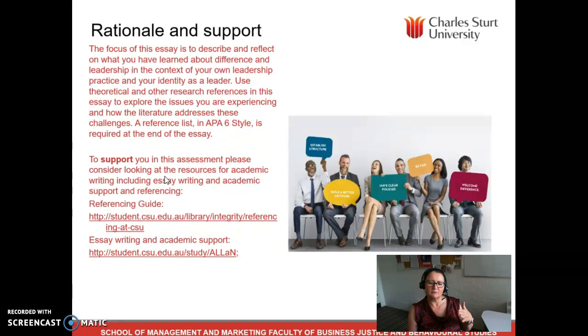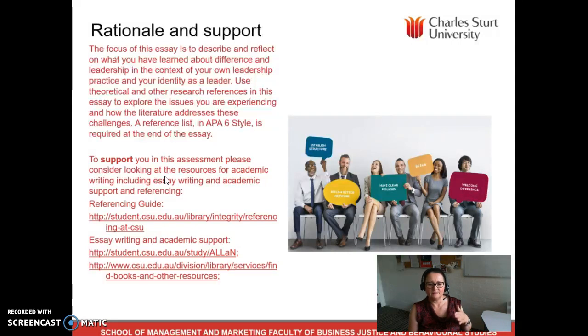You can book an appointment with them and they can assist you with your essay writing. What I suggest you do is contact them as soon as possible and send them a sample of your writing, okay? Send them your essay. Send them the outline and they can help you to put this together. Also look at the Division of Library Services and they can assist you as well. And there's also an essay writing process PDF which can help you. But there are many resources underneath that study tab.